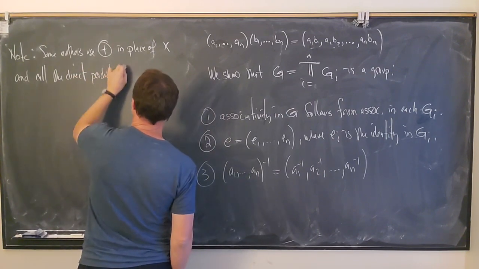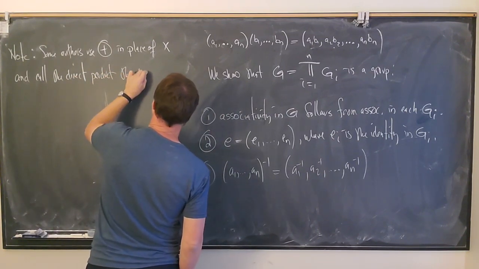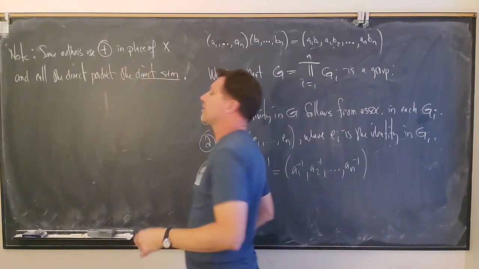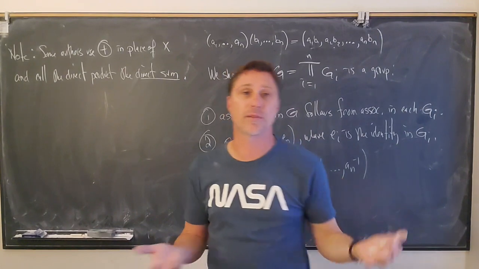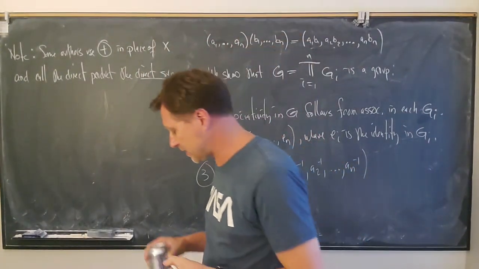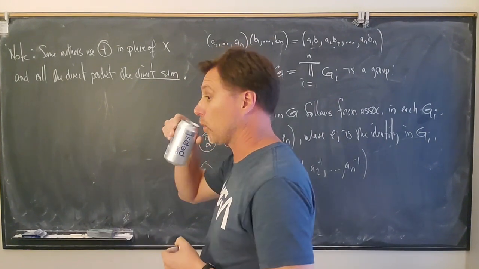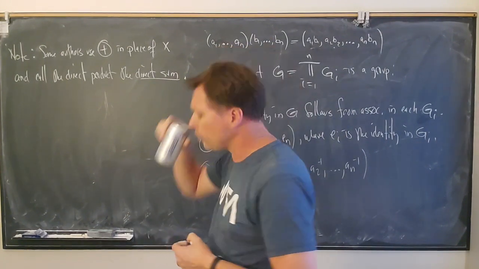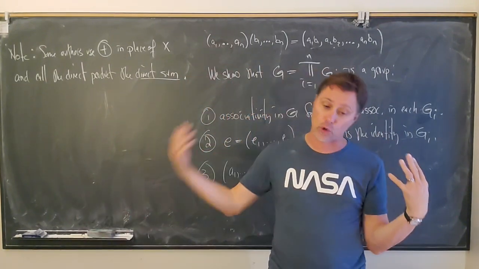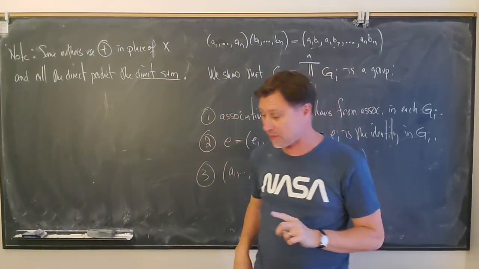So it just makes life confusing because different authors use different notation to indicate exactly the same object, the same group. So you just want to be savvy enough to go back and forth when you see direct product or direct sum, think the same exact thing.